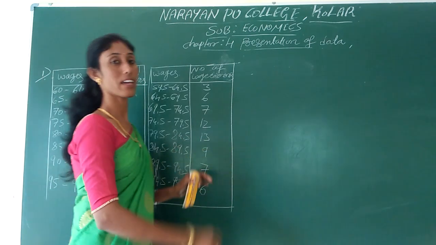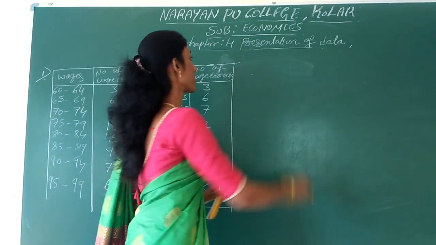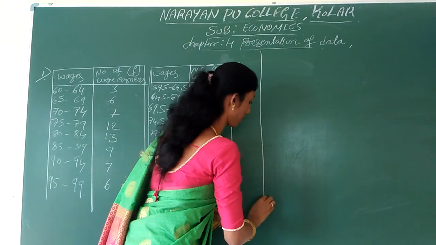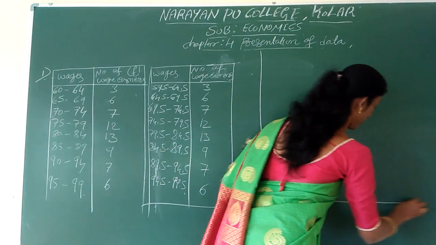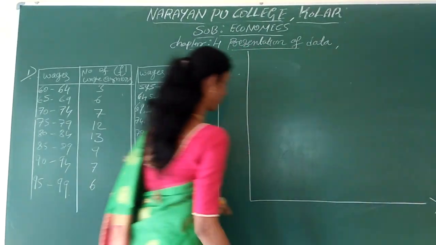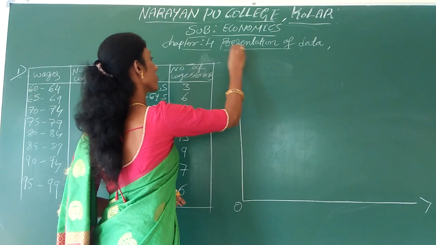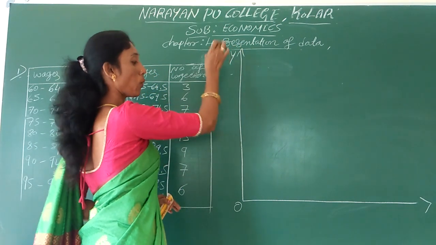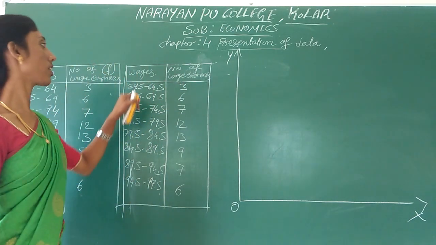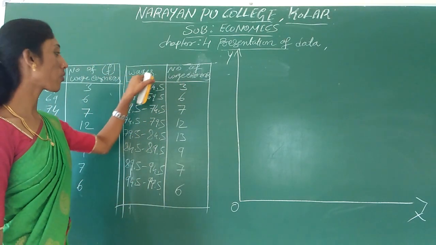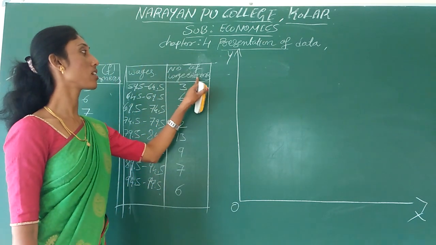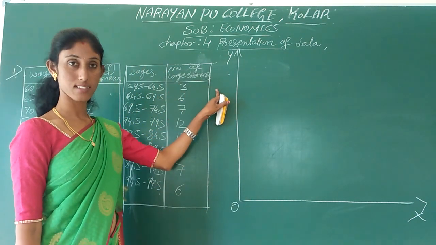Before that, take our x-axis and y-axis. This is 0 on the y-axis, 0 on the x-axis. Here we are going to measure the wages on the x-axis and the number of wage earners on the y-axis. Understood?